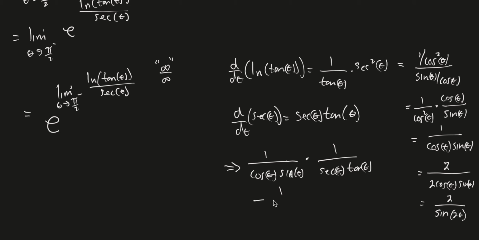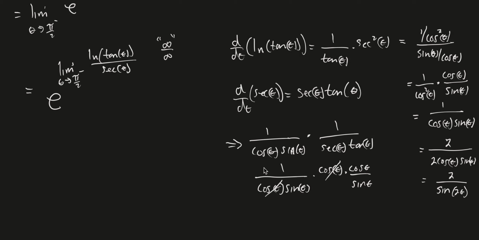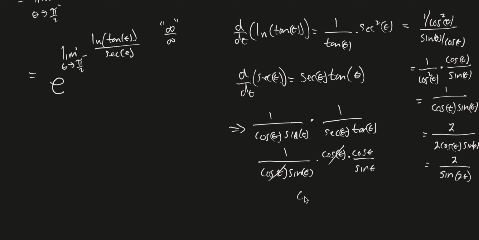I'm going to write this as 1 over cosine theta sine theta. Now 1 over secant is cosine, and then 1 over tangent will be cosine over sine. So we have this gone, this gone. It looks like we're left with cosine theta over sine squared theta, right?